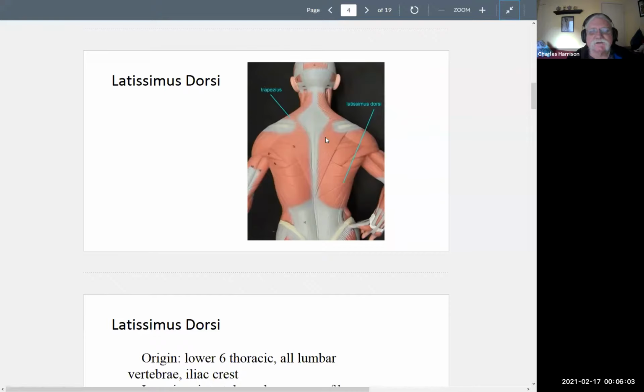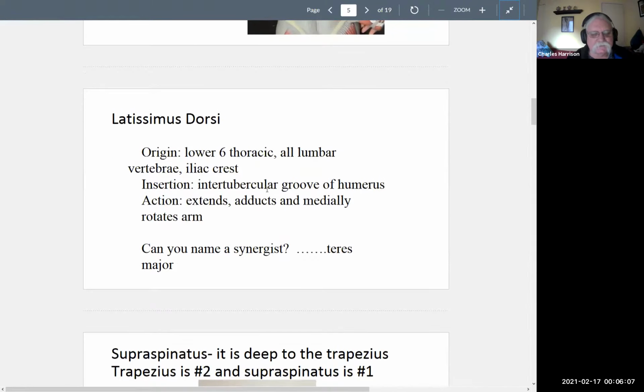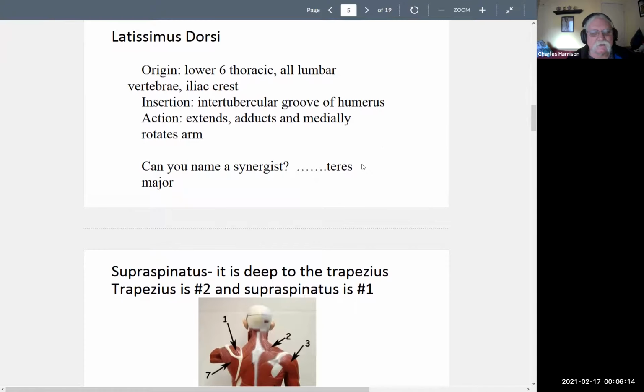Here's the trapezius again, latissimus dorsi. That's a great hint right there. I know we haven't talked about the word synergist, two muscles that work the same.